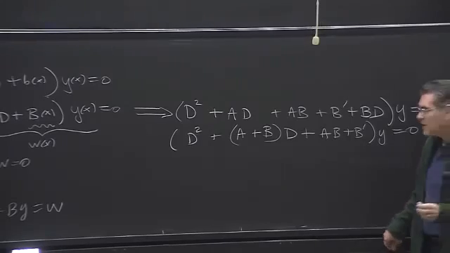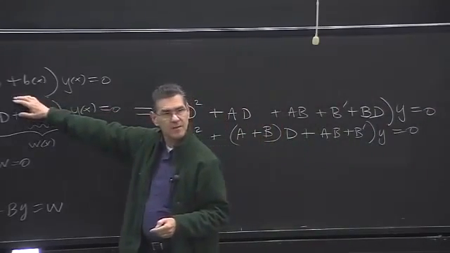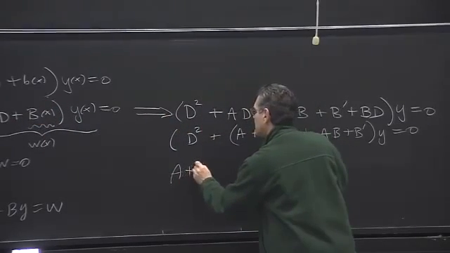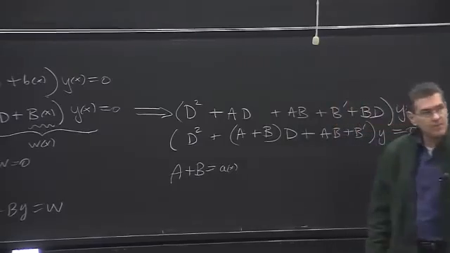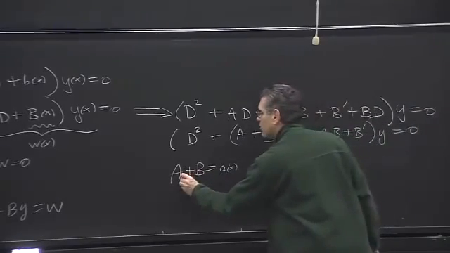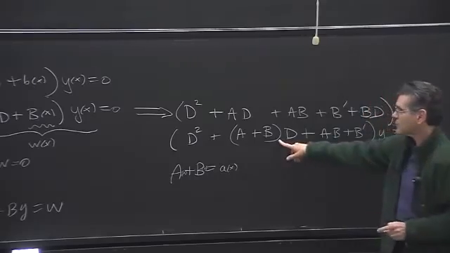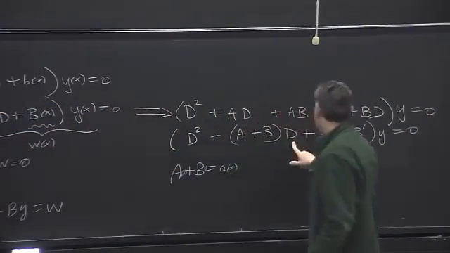So that tells me, if I just compare this with that, I have two equations. I know that a plus b must be equal to little a. Okay, these are functions, of course. A of x plus b of x is little a. So that's what's multiplying the one derivative term.